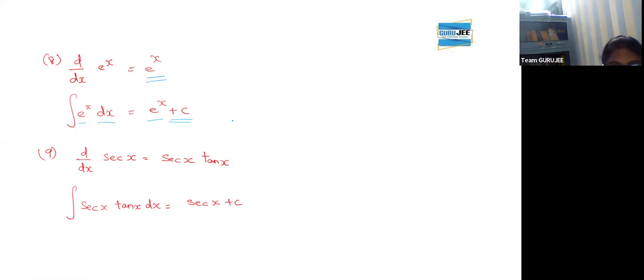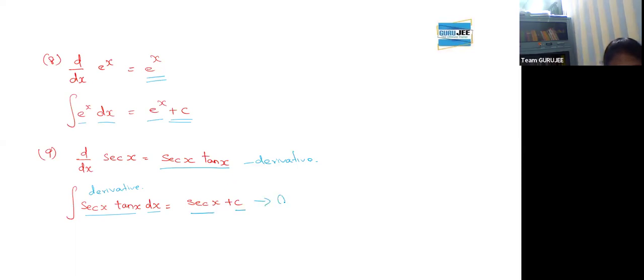Ninth sum: d by dx of secant x will be equal to secant x tan x. This is the derivative. Integrating the derivative, secant x tan x dx, formula number 8, results again back in sec x plus constant.